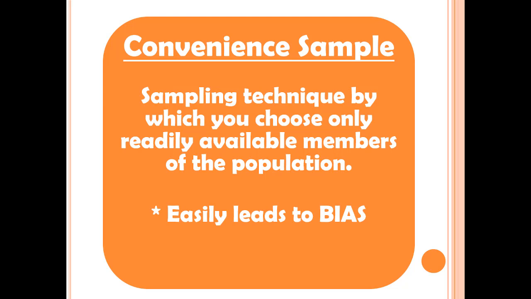So let's say all you did was choose 10 of your friends. Why would that be a problem? Well, people choose their friends oftentimes based on having something in common. And if you have a group of people and you all have something in common, then you might think the same way about different topics. Let's say it was a political question in the survey.